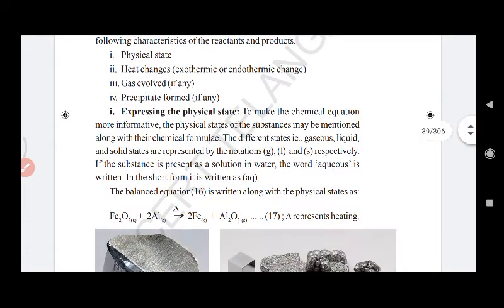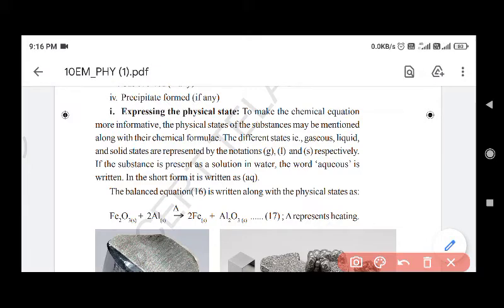If the substance is a gas, for example hydrogen gas or oxygen gas, we represent its state as small g within brackets. If it is a liquid like water, we represent its state as L. Solid means S, gas small g, liquid L within brackets beside the formula of the compound or symbol of the element. We have to represent their physical state.